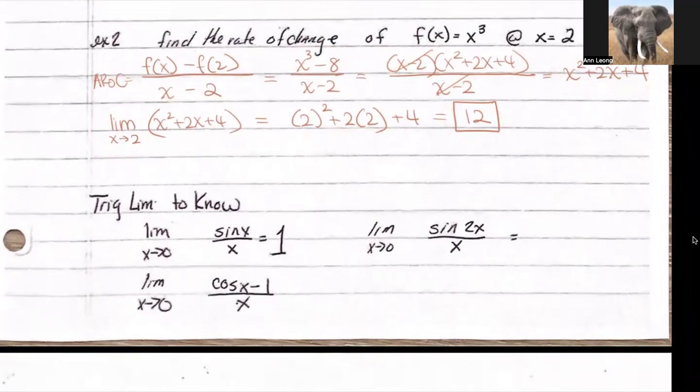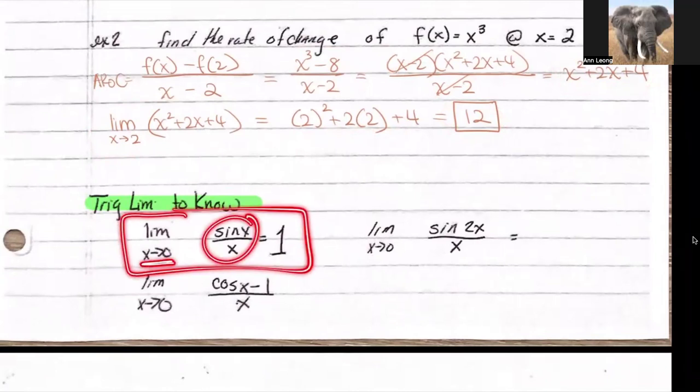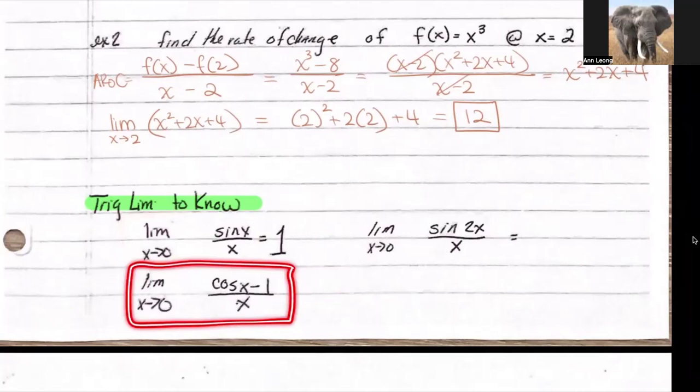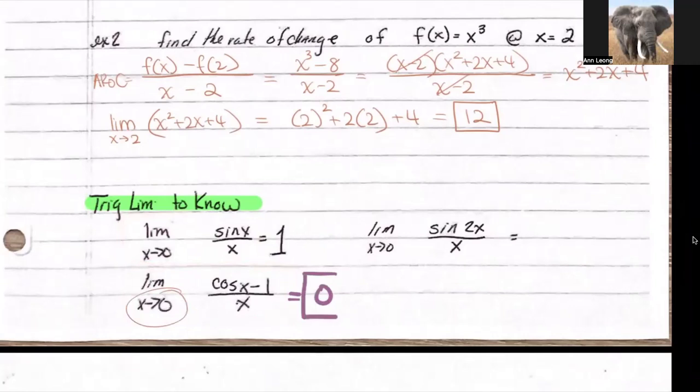Now incorporating some trig limits here. These are some trig limits you want to know. The limit of sine of x over x as x goes to 0 is equal to 1, and I think we saw that in a previous lesson. This one right here, cosine of x minus 1 divided by x as x approaches 0, is going to be equal to 0.